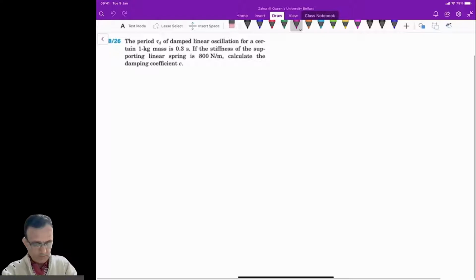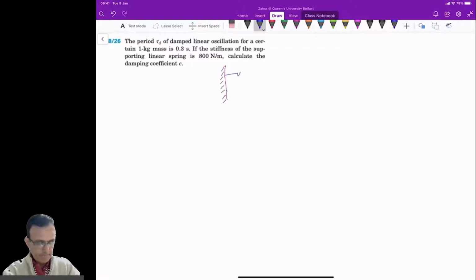So what you are given, if you consider this system here, you have a spring and you have a damper here, and the mass is attached here. So K is given, 800 Newton per meter, and C is unknown.